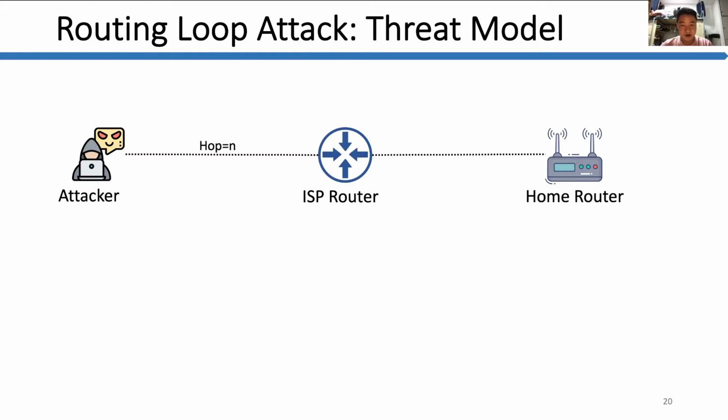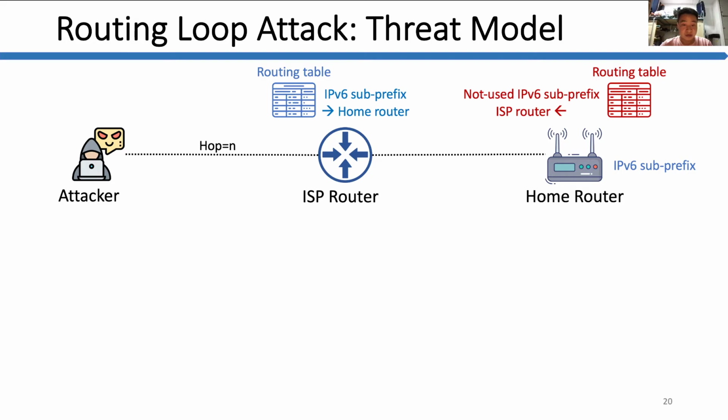Third, we find a new routing loop attack. In our threat model, the attacker can be anywhere on the Internet. For the home router, it is assigned an IPv6 prefix from its ISP, and the ISP router points the next hop to the home router. However, the home router just uses some addresses or sub-prefixes, which leaves the next hop of not used prefixes to be the ISP router, which introduces routing inconsistency.